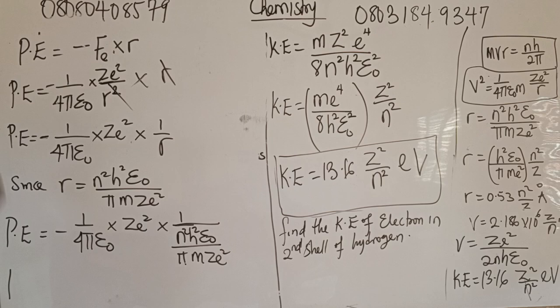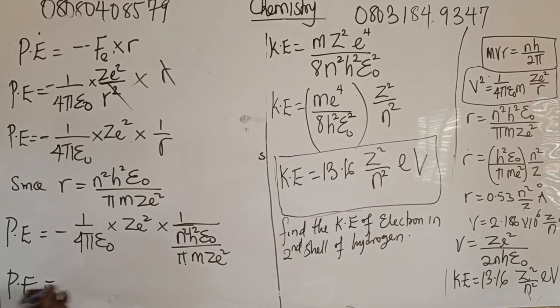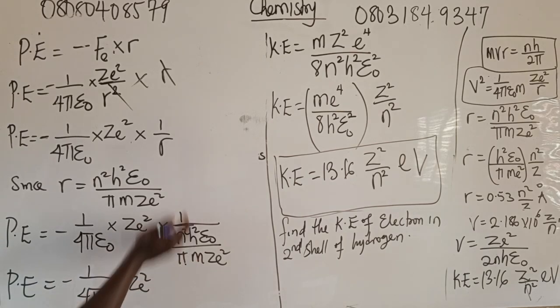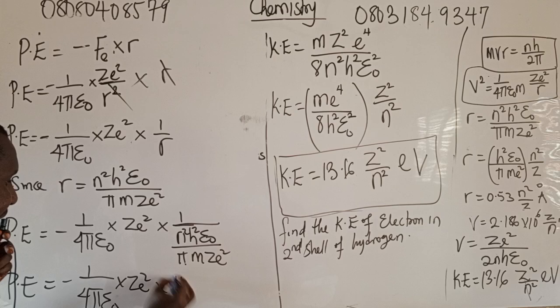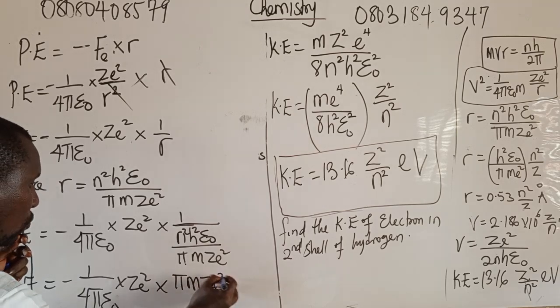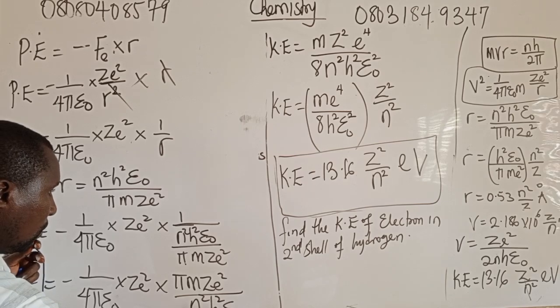If you did mathematics, 1 over X over 4 is the same as 4 over X. So we have minus 1 over 4 pi epsilon naught times Z e square times pi m Z e square over n square h square epsilon naught.